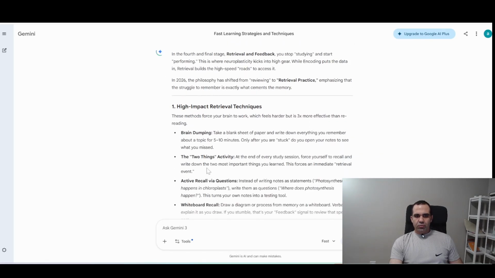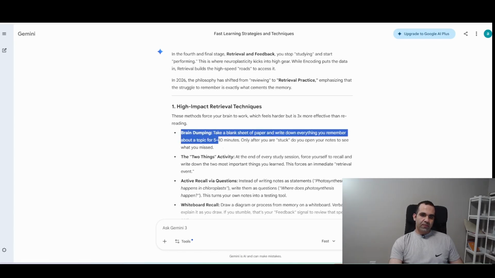Brain dumping, the two things activity. Brain dumping: take a blank sheet of paper and write down everything you remember about the topic for 5 to 10 minutes. Only after you are stuck do you open your notes to see what you missed.